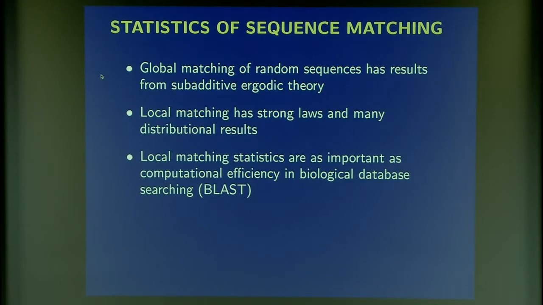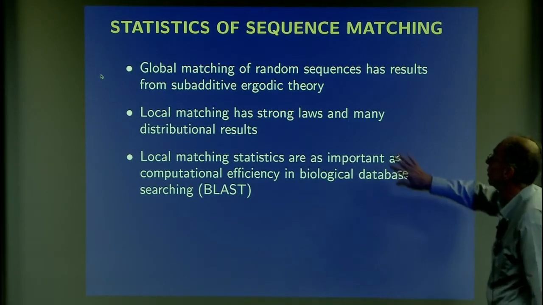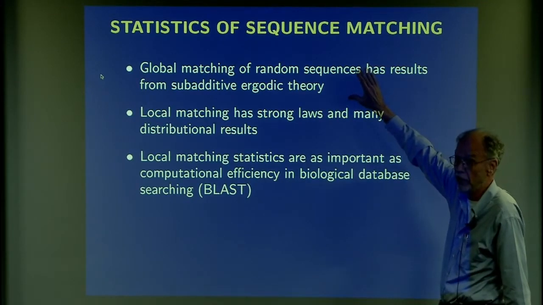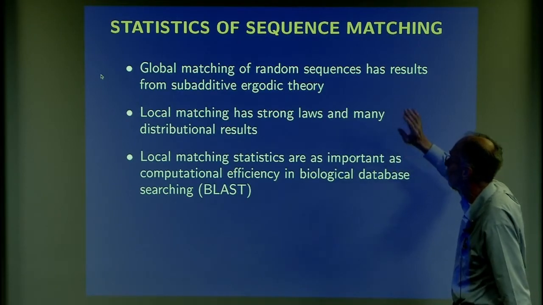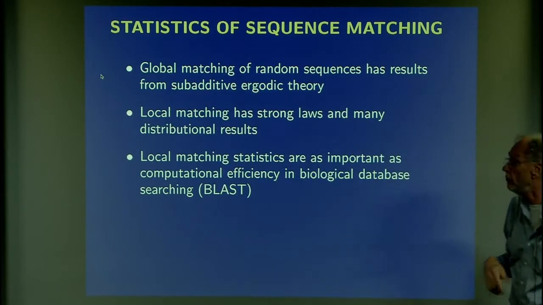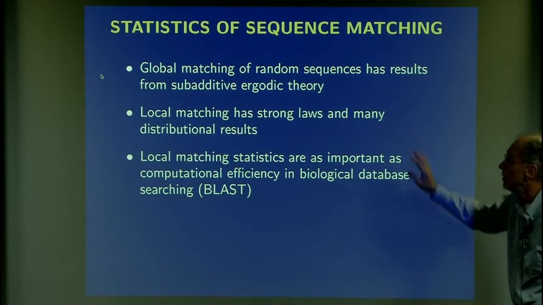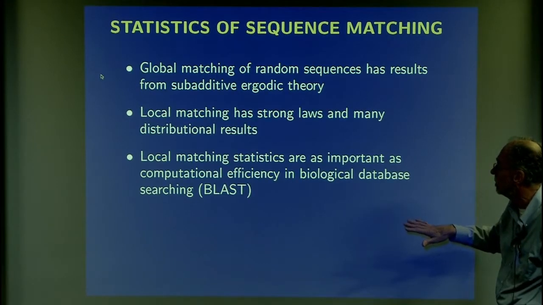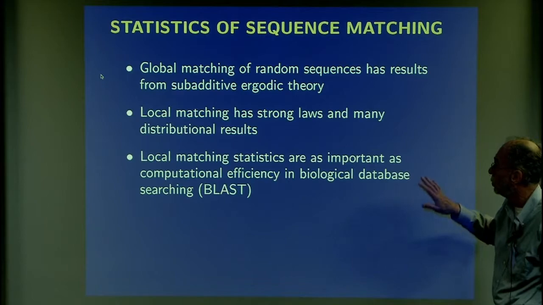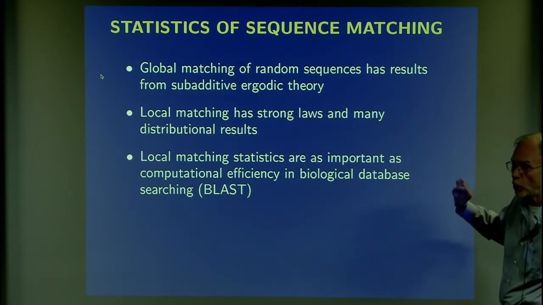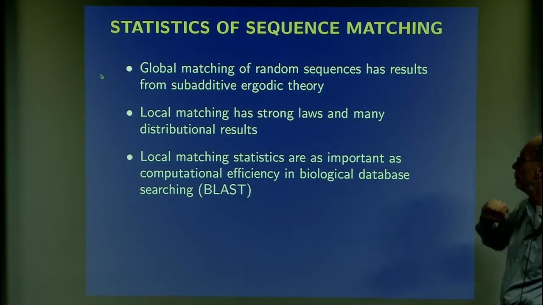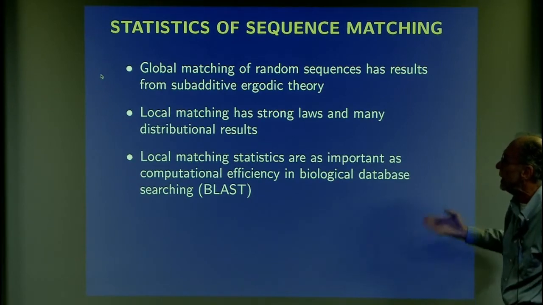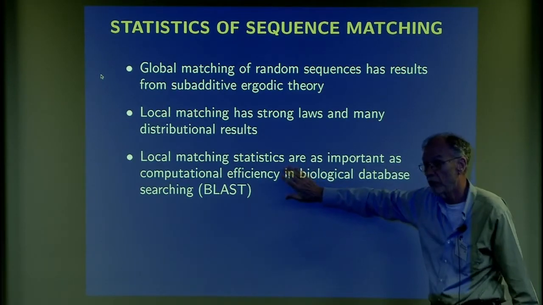So what's the statistics of sequence matching? There are some results for global alignment, but it's very tough, and I'll say something about that. We have some useful results. Local alignment has some very good strong laws of large numbers, some good distributional results, and I should just say that BLAST is a program looking for local alignment, incredibly more efficient than the dynamic programming algorithm of Smith and I. It efficiently finds local alignments, and it gives e-values or p-values for what's found.